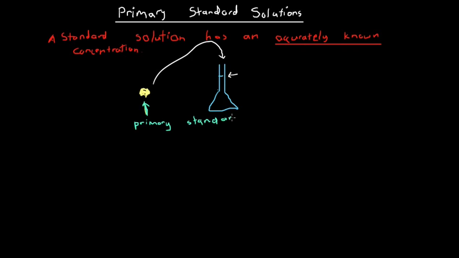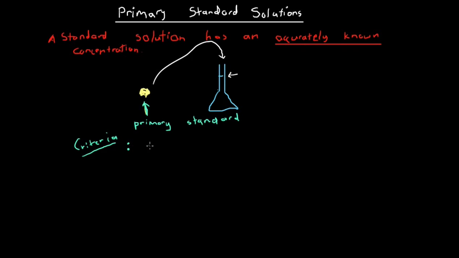There are certain criteria for something to be classified as a primary standard. We can't just use any substance, because a lot of substances are inherently impure, simply because they react with air or whatever, or they are difficult to obtain in a pure form. So these are the criteria here.